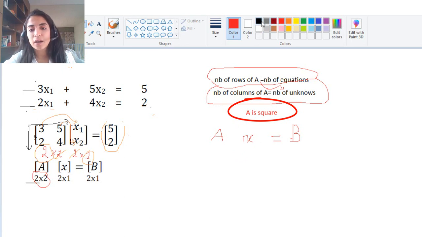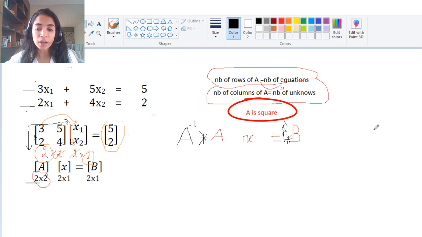If I multiply both terms by A minus 1, so now A minus 1 times A times X is equal to A minus 1 times B. I can do this because I will not change anything in the equation. I multiplied both sides of the equal sign by A minus 1.